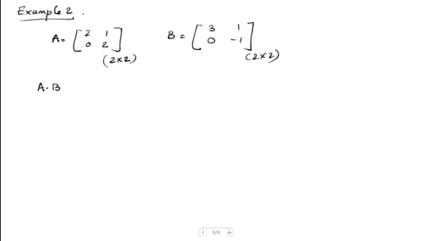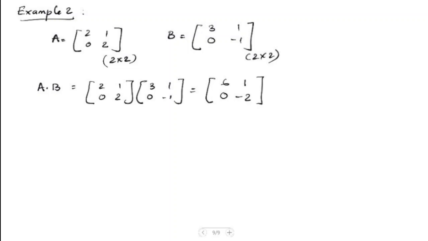So here we have A times B. You have A, which is 2 1 0 2, times B, which is 3 1 0 minus 1. That gives you the answer here as 6 1 0 minus 2.